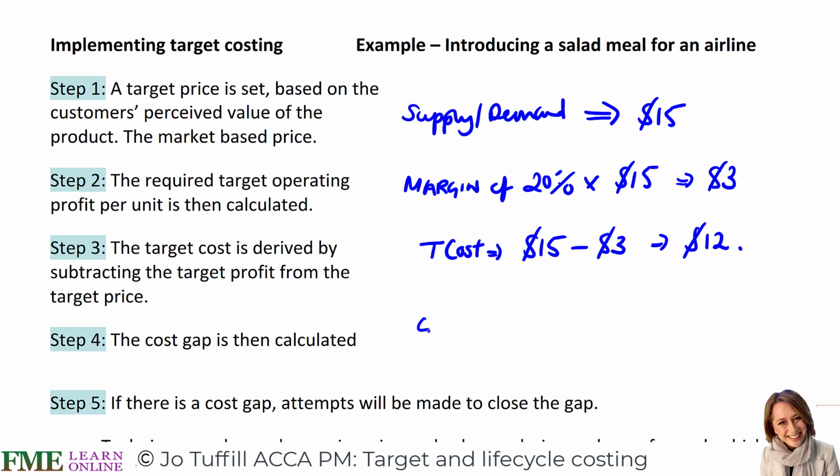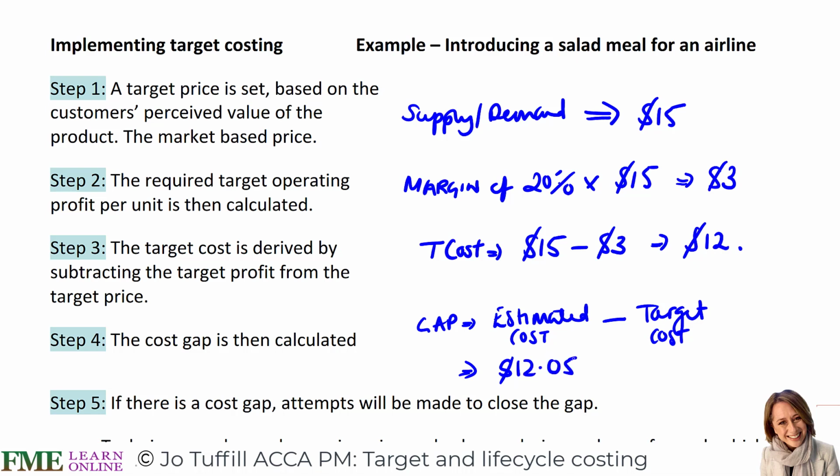Now the cost gap is the estimated cost minus the target. So we've estimated for this budget airline the salad to cost them to make $12.05. If we take our target cost off that, we get the gap, and the gap will be 5 cents.